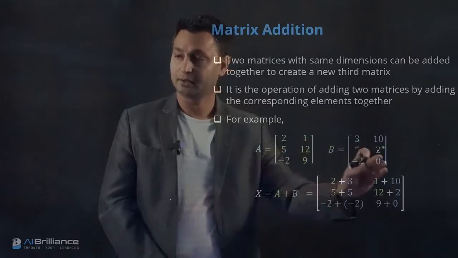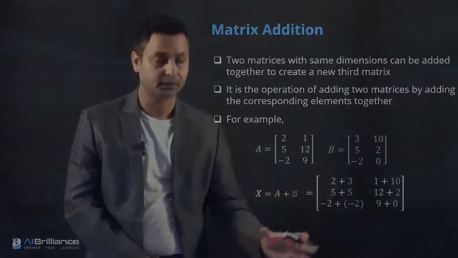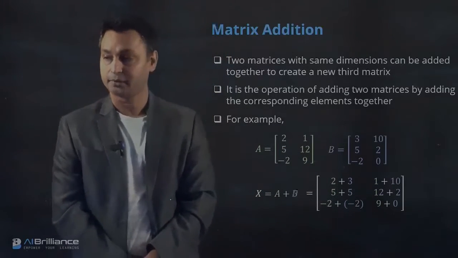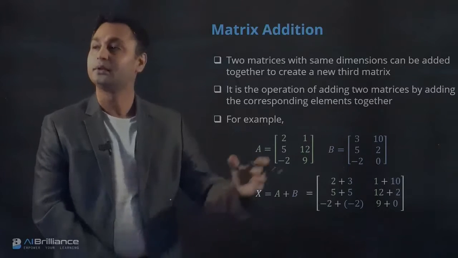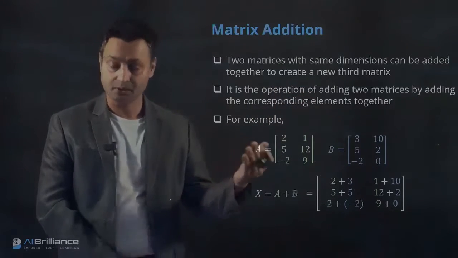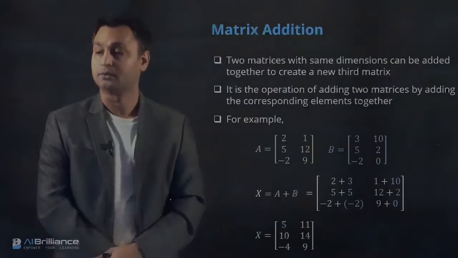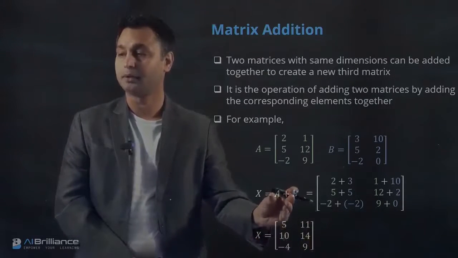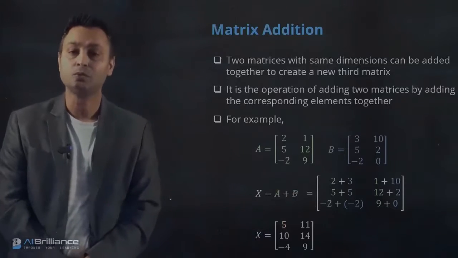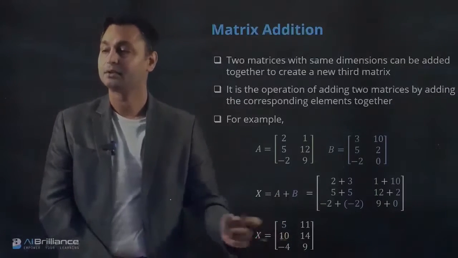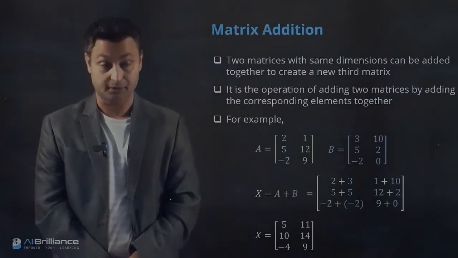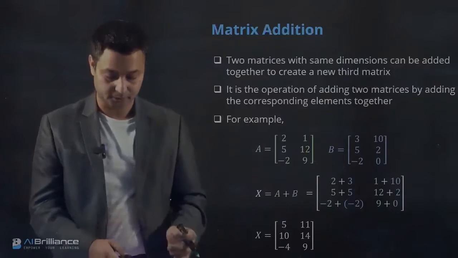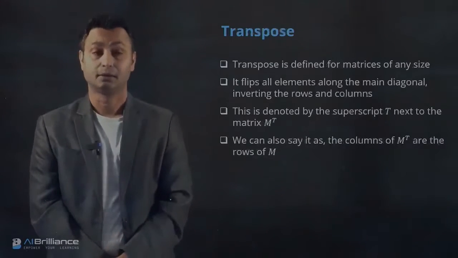Similarly, I can take all the corresponding elements and sum them together, and we get the resultant matrix X, which implements the matrix addition we are interested in. So the overall matrix X, derived after adding the two matrices A plus B, is given by this matrix X. This is the simplest way to understand matrix addition.